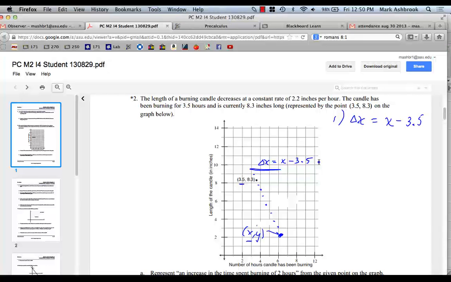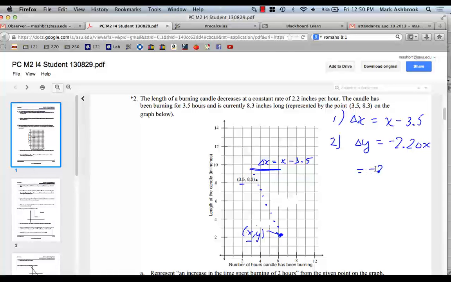Okay, so now what is delta y in terms of delta x? This is the big point: use constant rate of change reasoning. Delta y is y minus 8.3, in terms of delta x. Using constant rate of change reasoning, we get the change in one quantity equals what? Negative 2.2 times delta x.